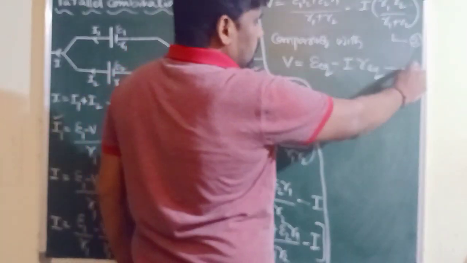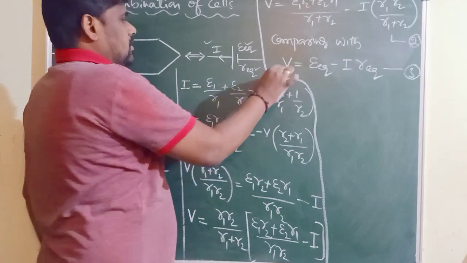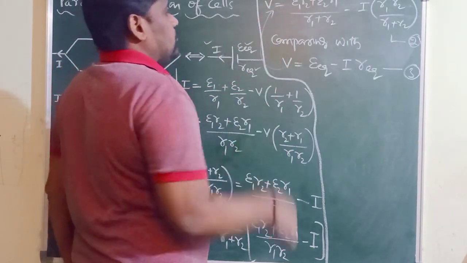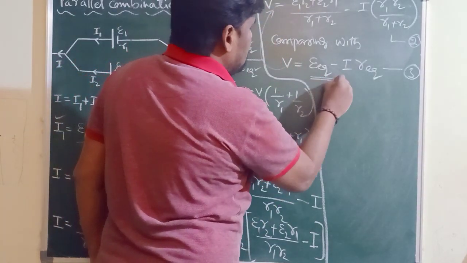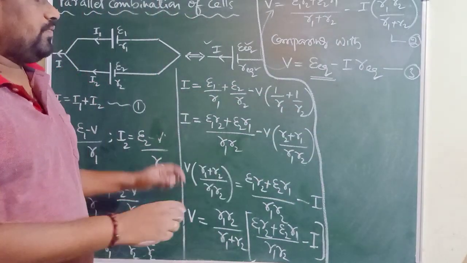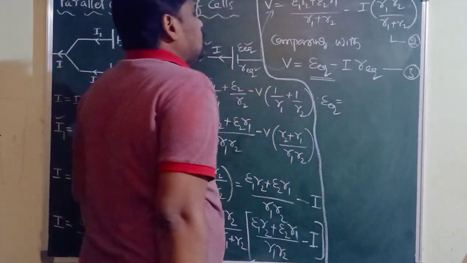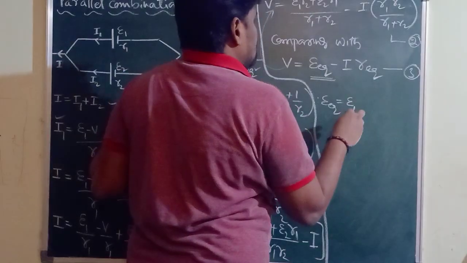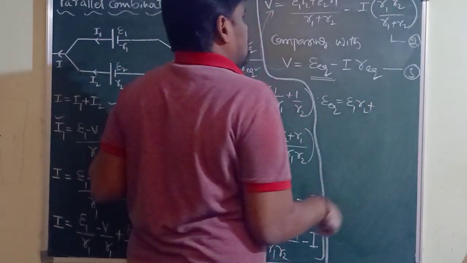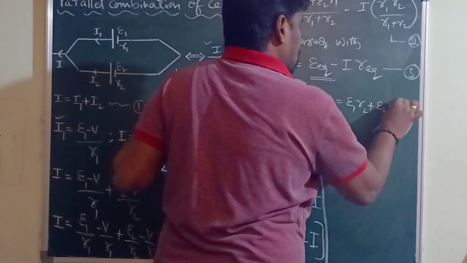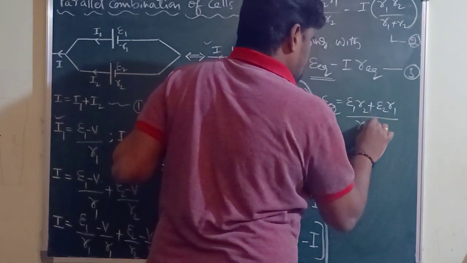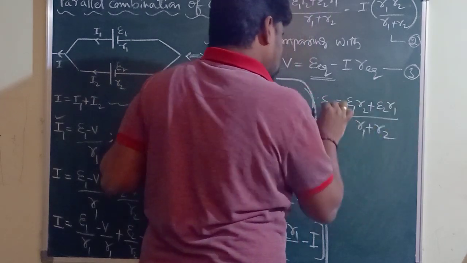If we compare equations 2 and 3, in the place of V we have V here, but in the place of E equivalent we have the corresponding term. Therefore what can I write? E equivalent equals E1 R2 plus E2 R1 divided by R1 plus R2.